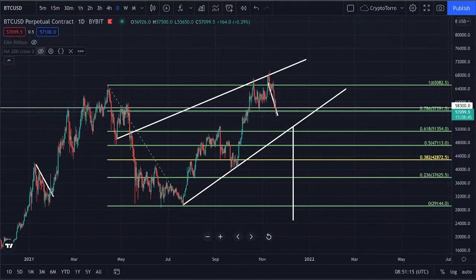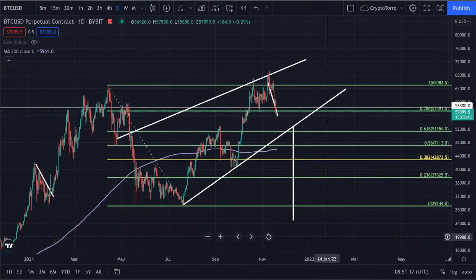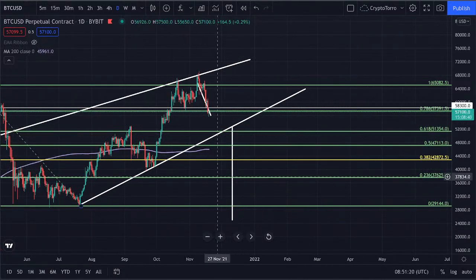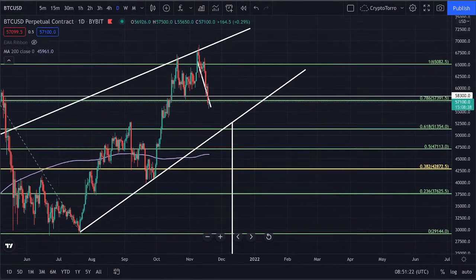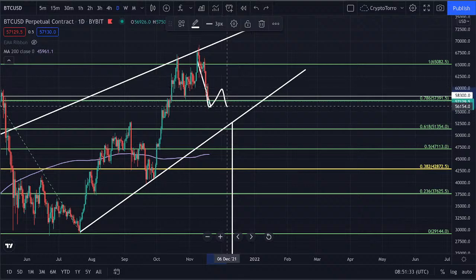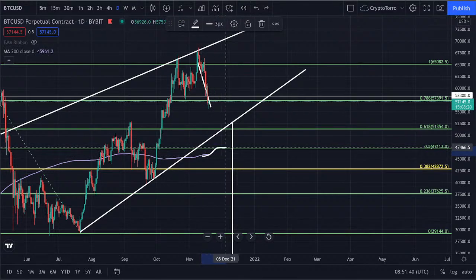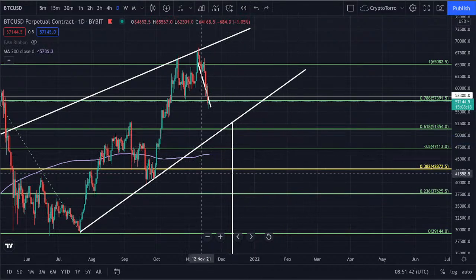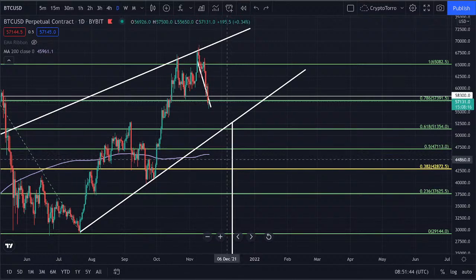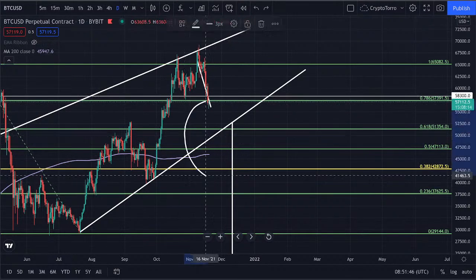If we take a look at the 200-day moving average, what I think is absolutely important is that it's right now aligned with the 0.5 Fibonacci at approximately 47,000 US dollars. I personally think that if we trade sideways for a while where we are currently at, or perhaps see a minor increase and afterwards a rejection, the 200-day moving average will for sure once more head slightly towards the upside, and it is right now as well forming a level of support underneath us.